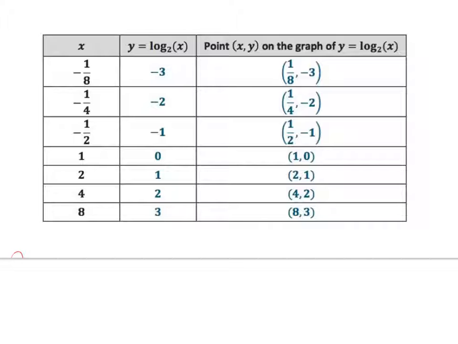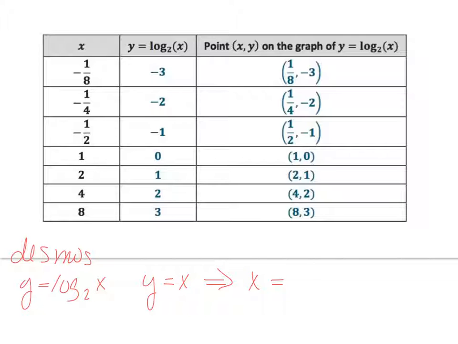I'm going to use Desmos, and I'm going to graph y equals log base 2 of x and y equals x. And then I'm going to reflect y equals log base 2 of x over the diagonal line y equals x. And I'm going to get x equals log base 2 of y for my reflected line.